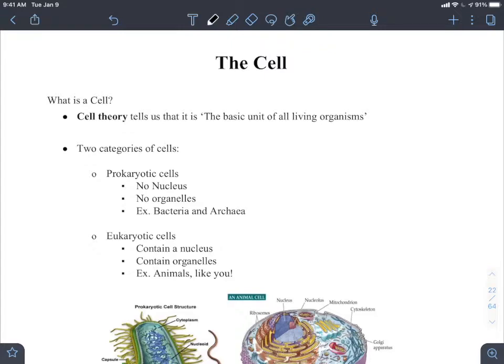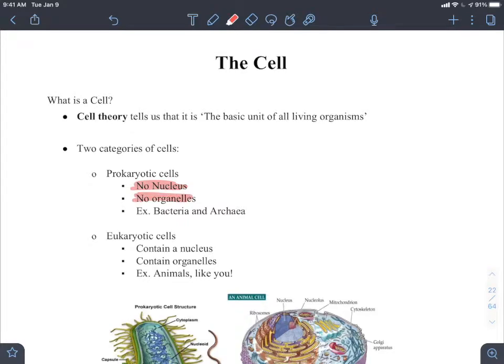That said, we can now divide all the microscopic cells that we find on Earth into two categories, the prokaryotic cell and the eukaryotic cell. The prokaryotic cell is one that has no nucleus and no organelles.